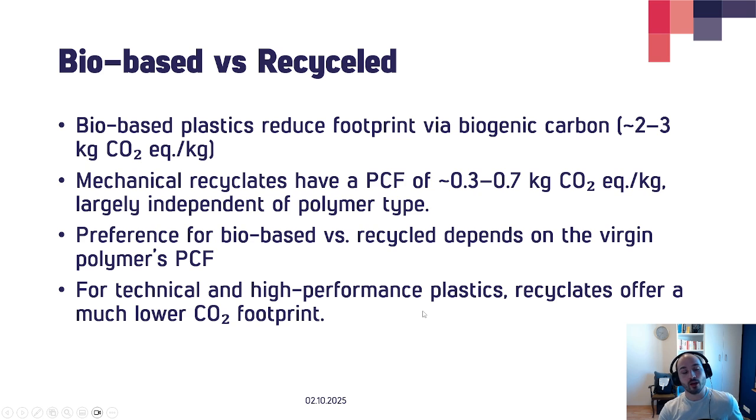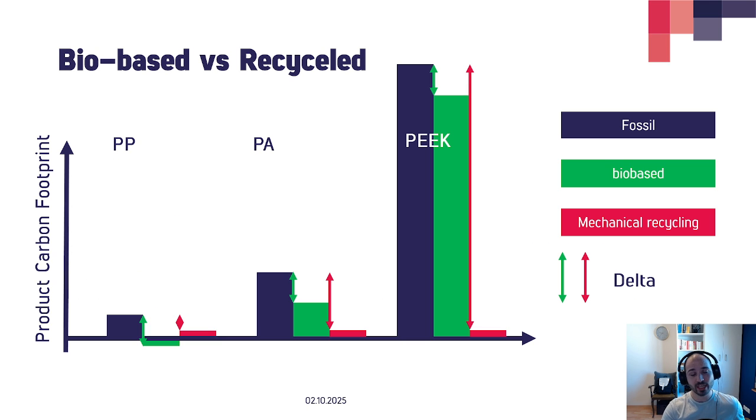And of course, I did the LinkedIn post with that graphic, and a comment I got a lot is that it's probably going to be a combination of bio-based and recycling which is going to be the future. I of course agree with that.